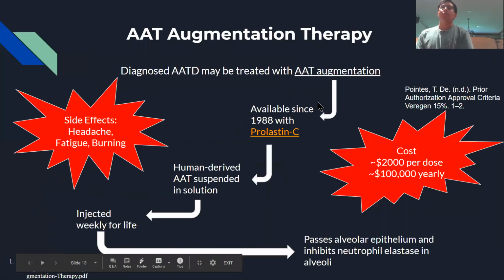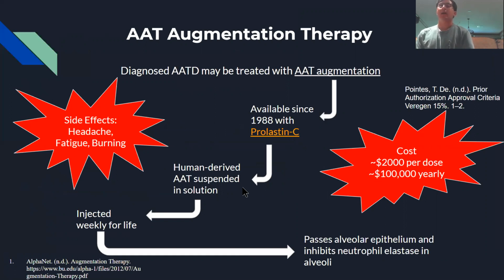Okay, so AAT augmentation has been available since 1988 in the US when the FDA approved a drug called Prolastin C. Now, Prolastin C is a therapeutic that contains human-derived AAT. So the AAT protein is taken from healthy donors and then purified and suspended in solution.